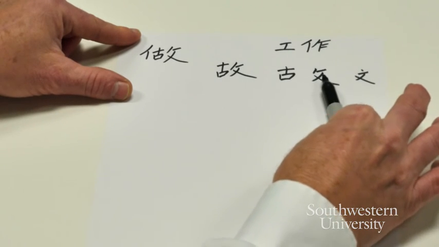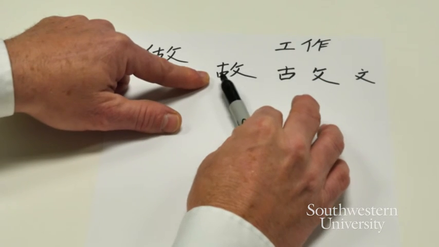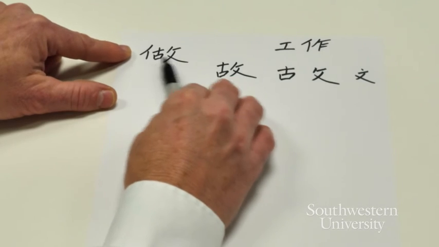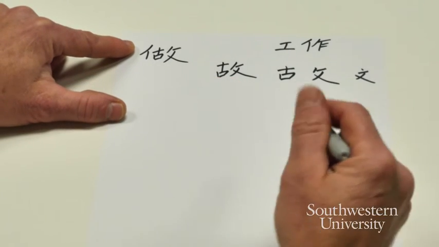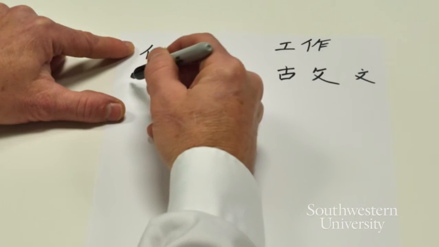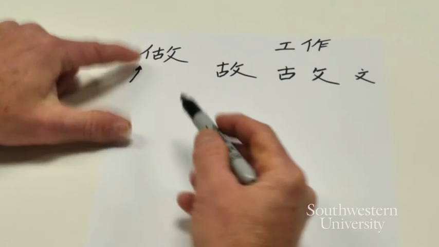This means to strike, this means ancient. You put the two together, it means a reason or a cause or a story. And then for some reason it is phonetic in zuo. And the renzapong, the person radical, is used because it has to do with human action.